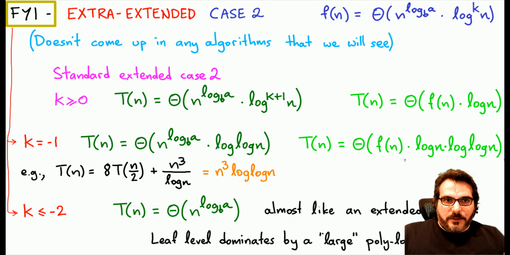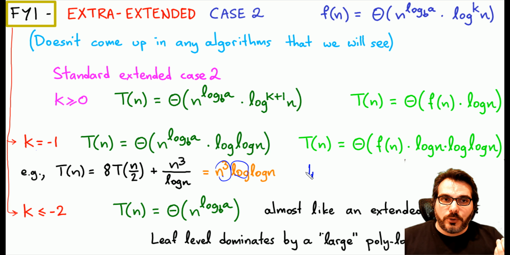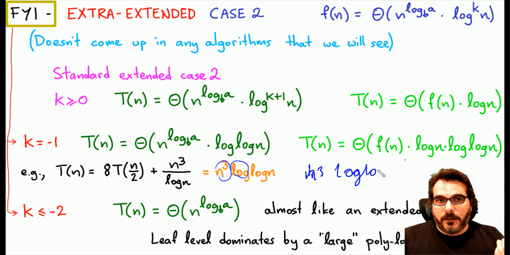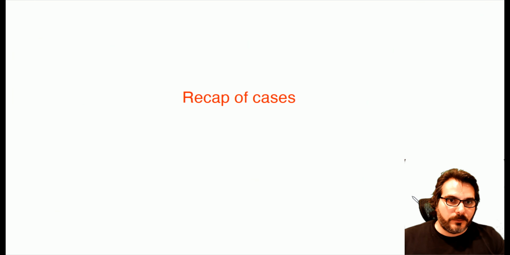So the extra extended case 2 talks about negative powers of logarithms here, and in the end, if you have n cube log n, it's going to be n cube log log n. So that's another rule, but it's not really necessary in your studies, and you're not going to be seeing it a lot. It's just an extra extended case for case 2.